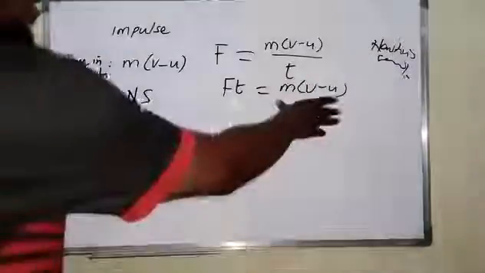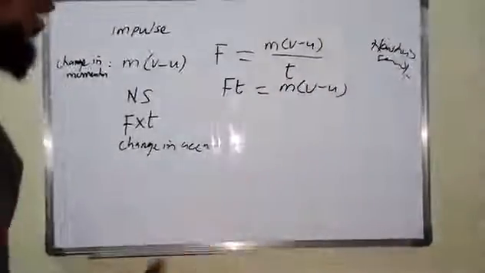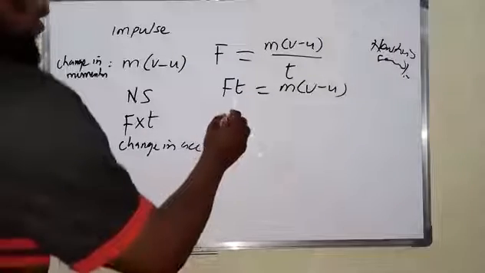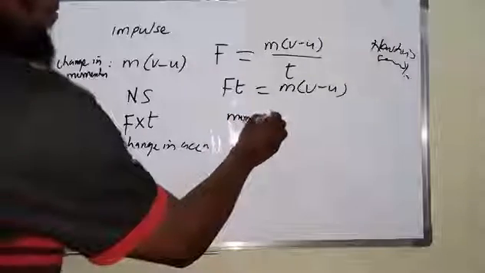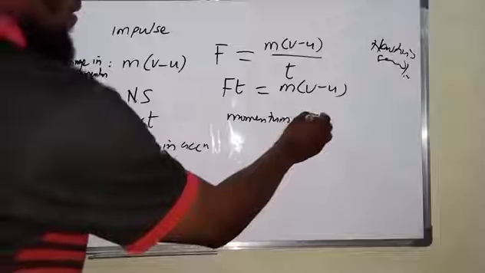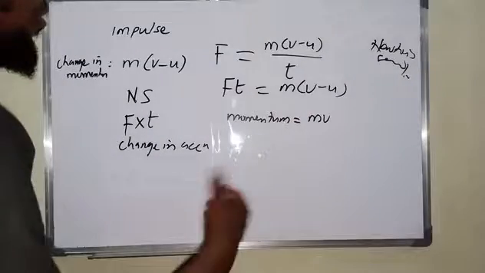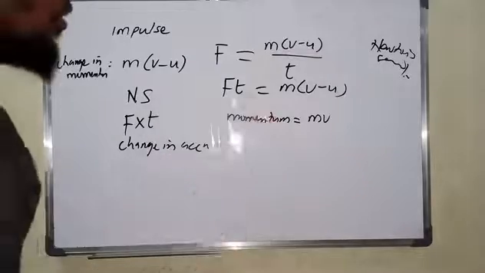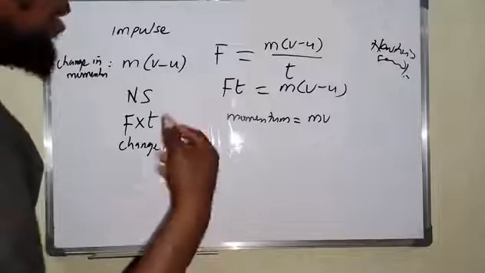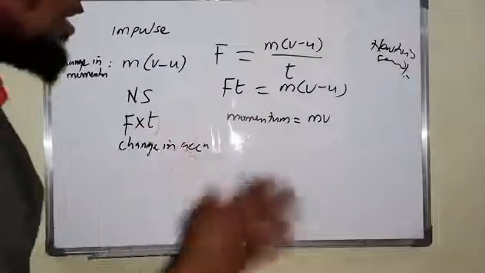Where the right hand side term is a change in momentum, because momentum of a body is its mass multiplied by its velocity. So if there is change in momentum, it is brought about by change in velocity, because a body has a constant mass.